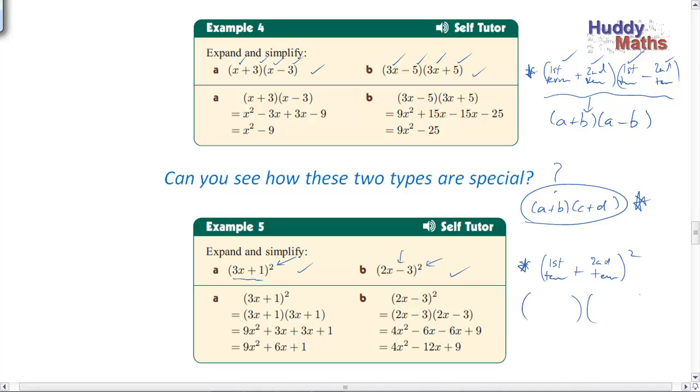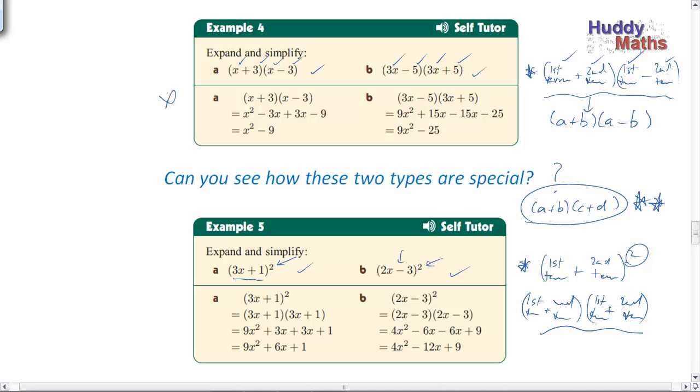So it's what's called a perfect square. It's just the same bracket times. So both of them are special cases of this. Let's do them now.